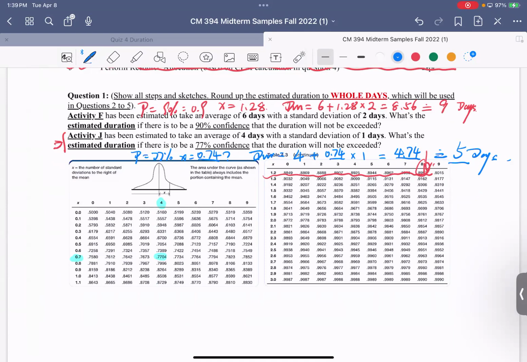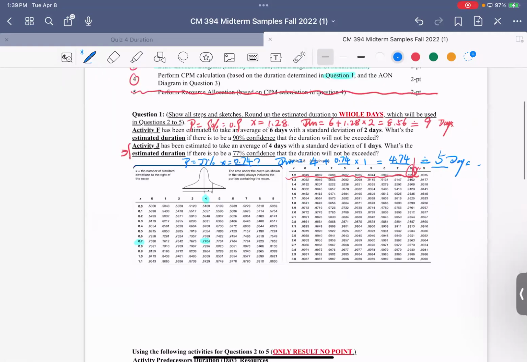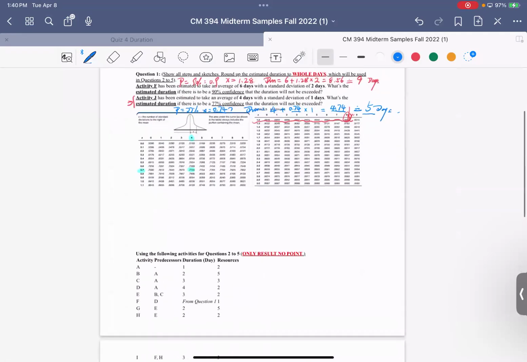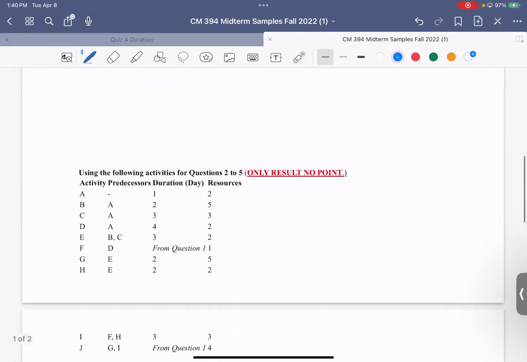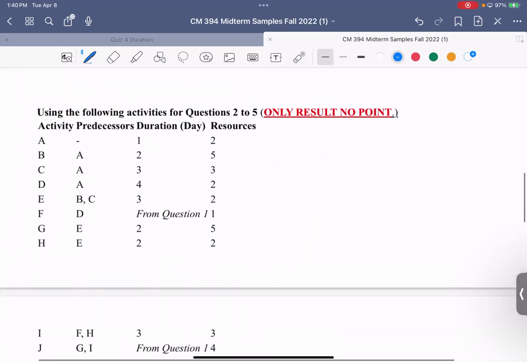So once you determine the activity F and the J here, then please put in the numbers here. If you look at the next question, you will see you have a table. You have your activities, you have your predecessors, you have your durations.